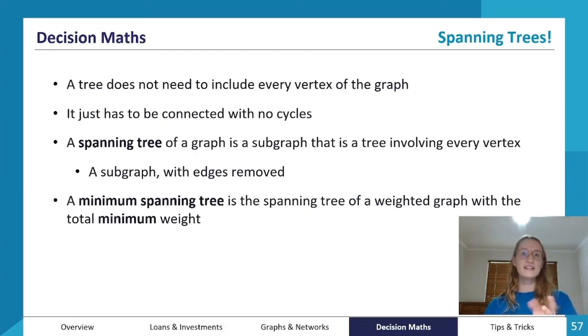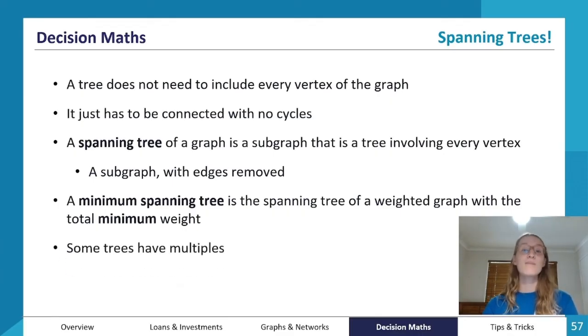So we want to connect every vertex in with the absolute minimal number of edges, so with no loops, no cycles, no multiple edges, so that we can get the total minimum weight, so that we can have the most effective project, road, plumbing project, whatever it is our graph is representing.